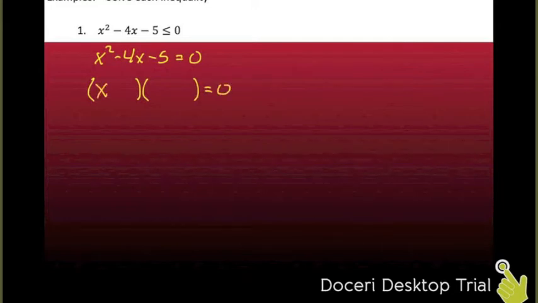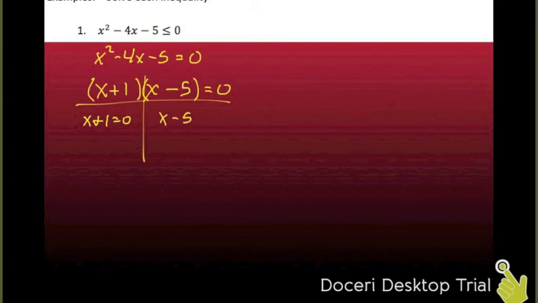So we're going to have x and x. We need factors of 5. The only two factors of 5 are 1 and 5. We want a negative 5 and a positive 1. When you t-bar that, you'll have x plus 1 equals 0, x minus 5 equals 0, so you get x equals negative 1 and x equals positive 5.